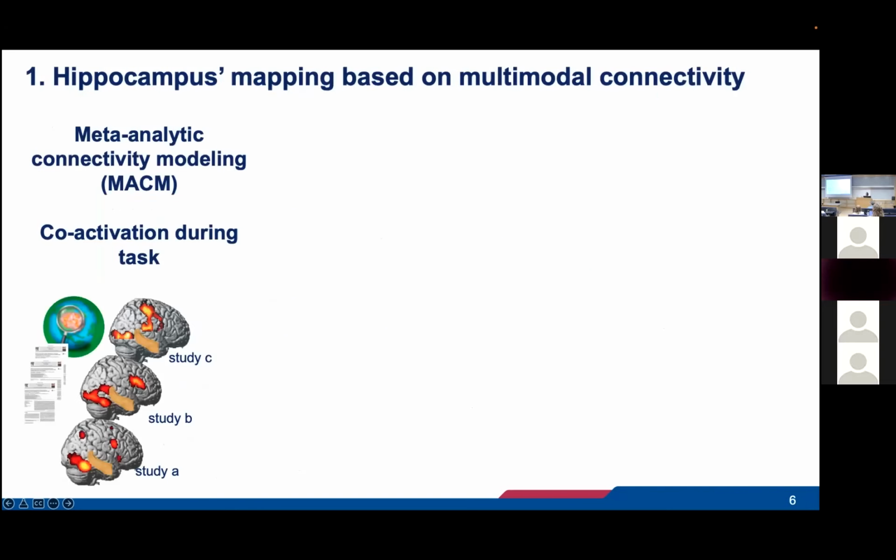So I had 3 different connectivity measures. The first one was meta-analytical connectivity modeling, which describes the co-activation pattern of the hippocampus with the whole brain across studies which were archived in BrainMap. So it's actually not the co-activation pattern of individual subjects, but across studies.